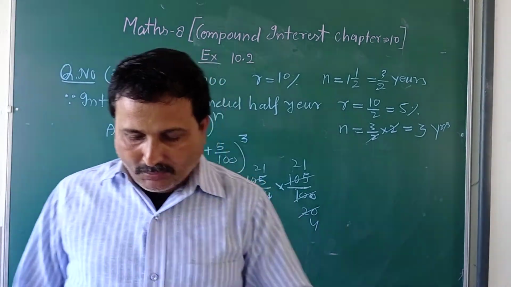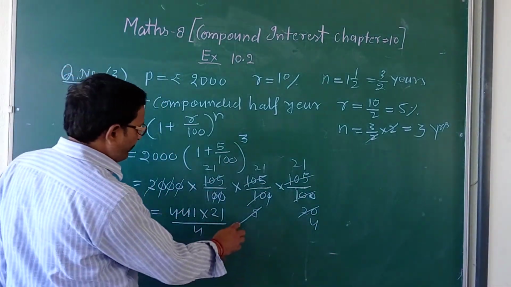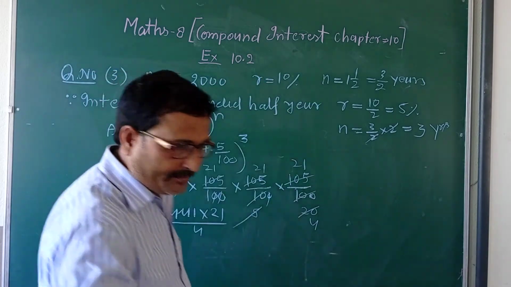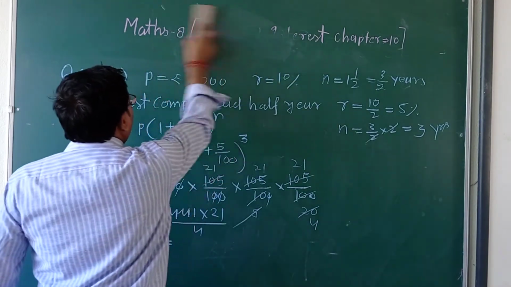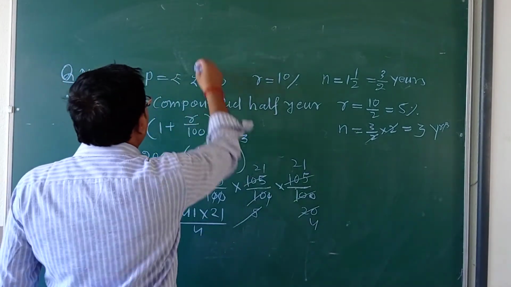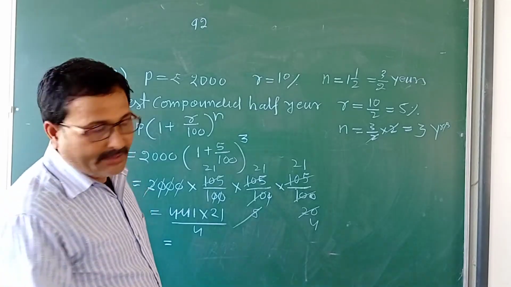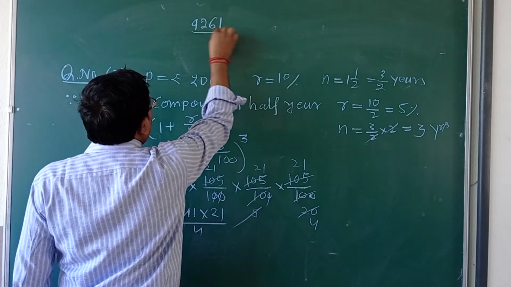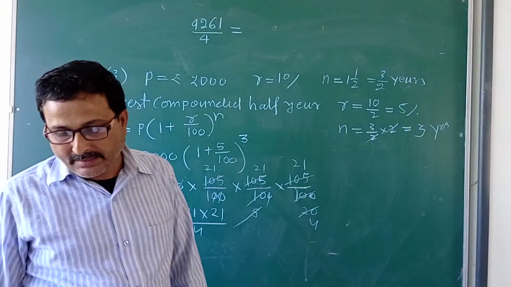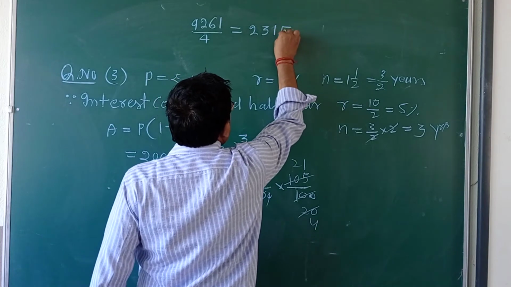Now you multiply 441 by 21, you will get 9,261. Multiplying this and dividing by 4, you will get 2315.25.